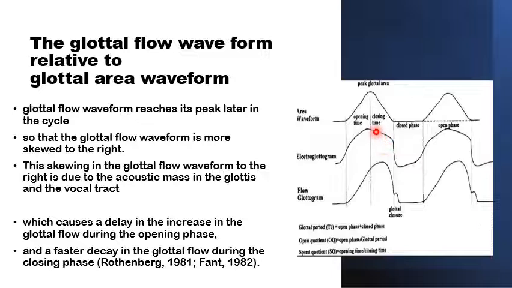The cause for this skewing and the delay in reaching the peak is the inertia of the air mass just above the vocal folds during phonation, which causes a delay in the increase in the glottal flow during the opening phase of the glottal area, and also a more rapid decrease in the flow during the closing phase of the glottal area.